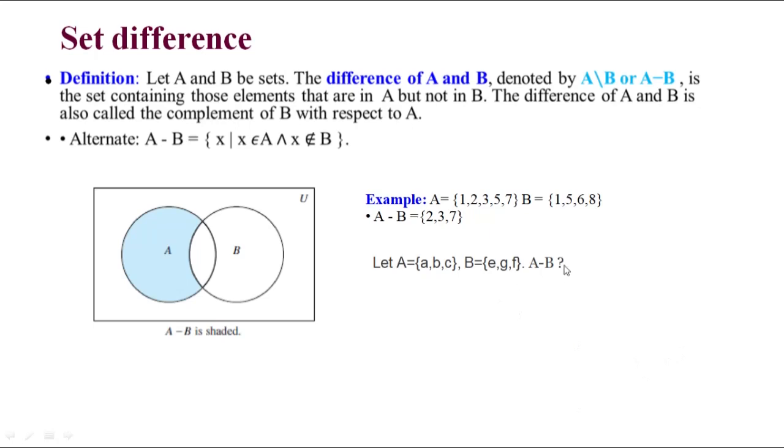Then what is meant by A minus B here? Elements that are present in A and not in B. So A minus B is equal to the A set only, that is {a, b, c}, because there are no common elements in this.